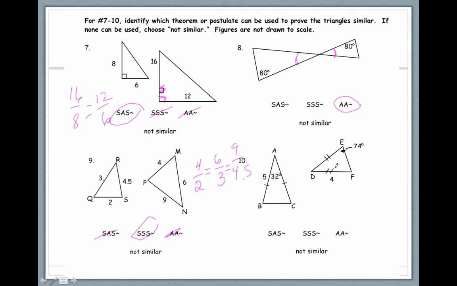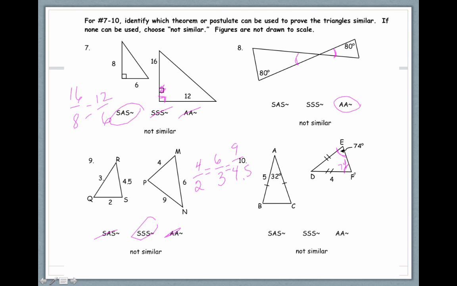Similar. Okay, here we have side angle side, only we don't have that directly, right? We have this angle. We don't have this one listed. So because it's isosceles, we know that these two are the same. So this one's 74.